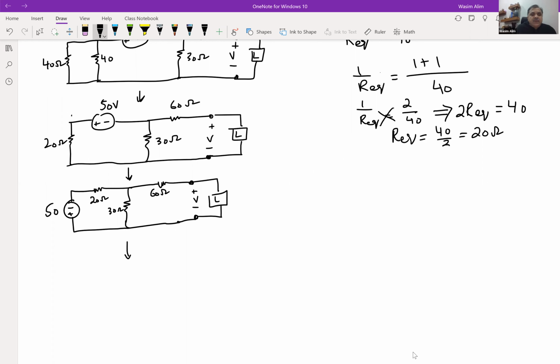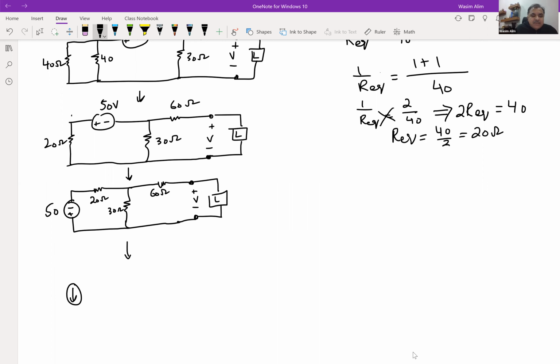Okay, so based on the polarity that is given, of course, when I'm converting the voltage source to a current source, the arrow would always be pointed to the positive terminal of the voltage source that we are converting from.